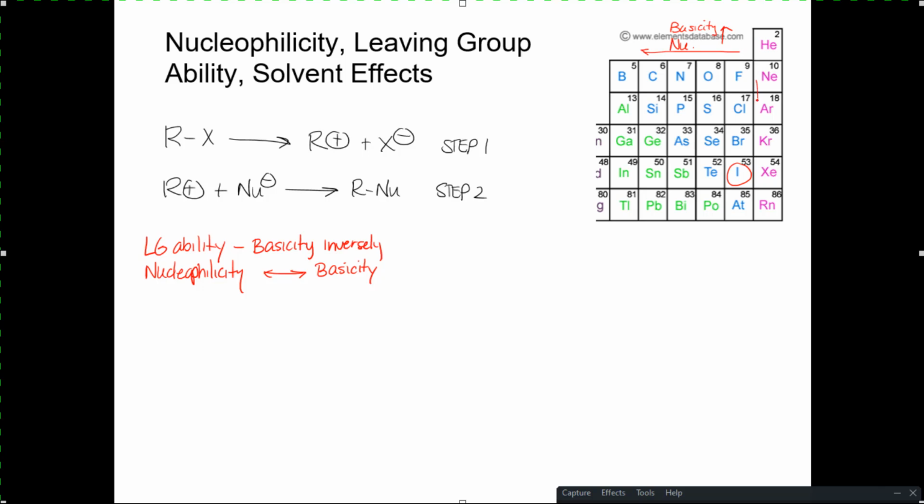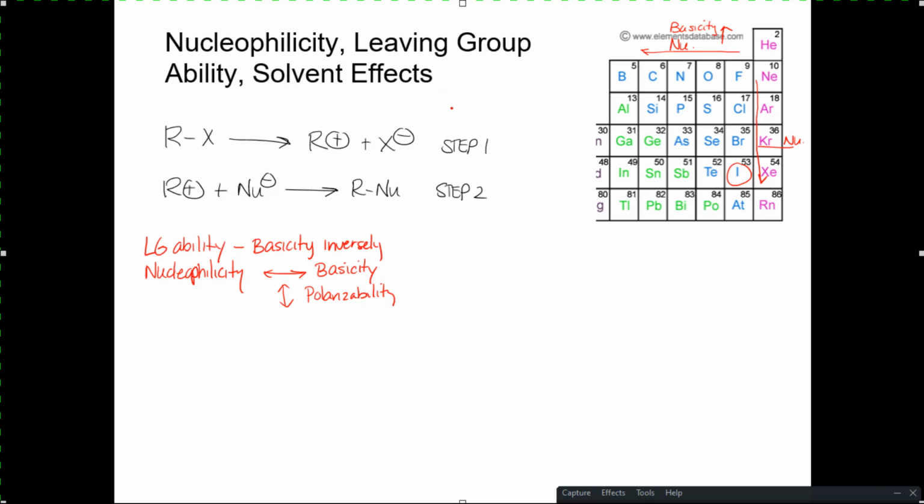When we go down the periodic table, when we're looking at a vertical relationship, what does that depend on? That depends on polarizability, which is the size of the ion. And so as we go down the periodic table, the nucleophilicity increases, so that iodide was the best leaving group and also the best nucleophile. And we'll come back to solvent effects in a minute.